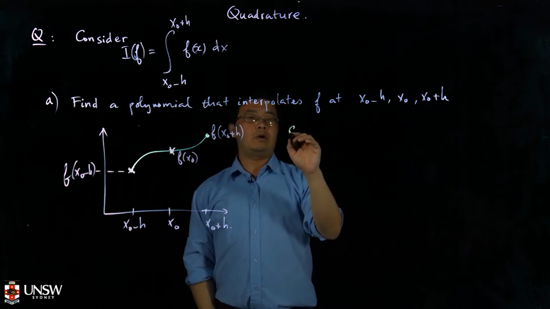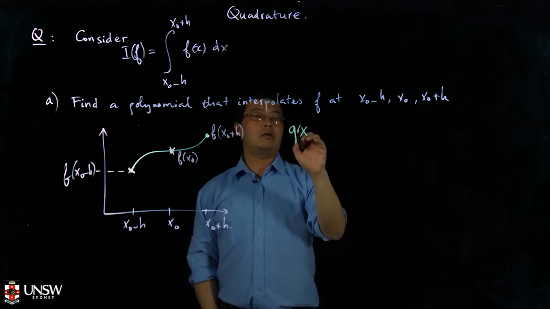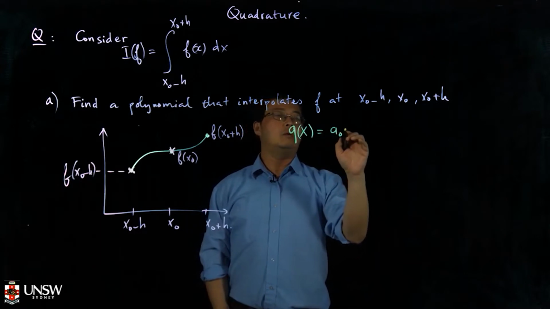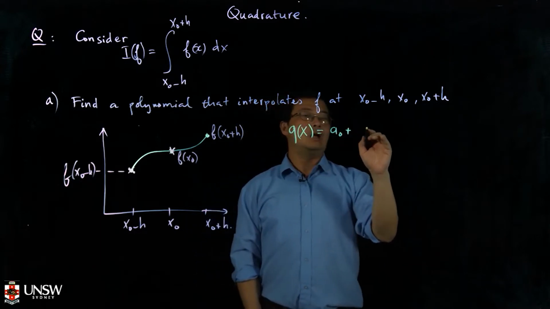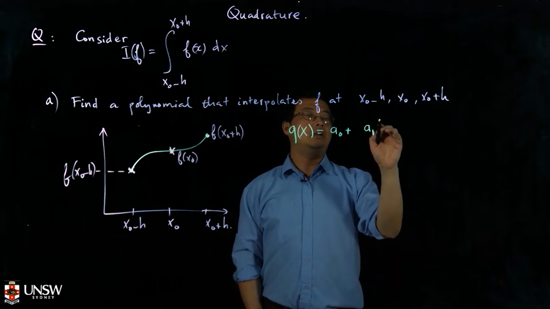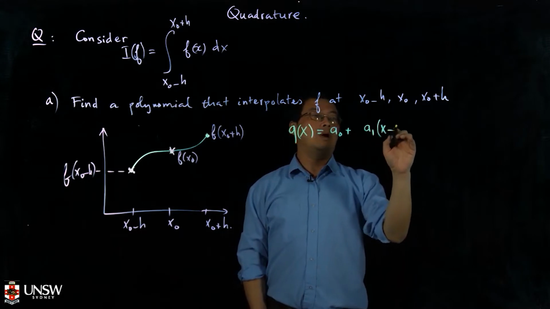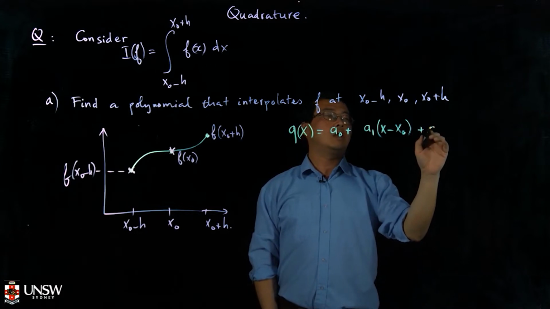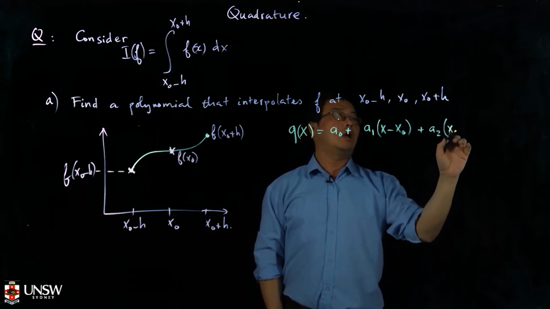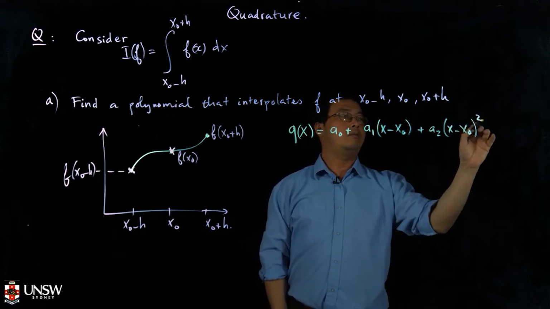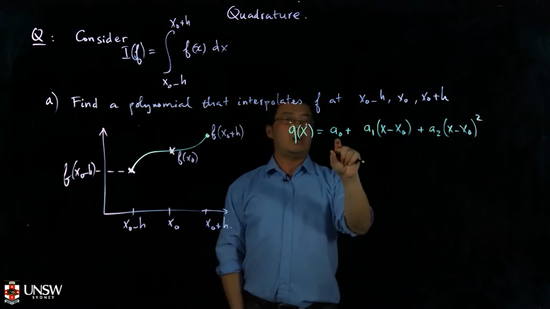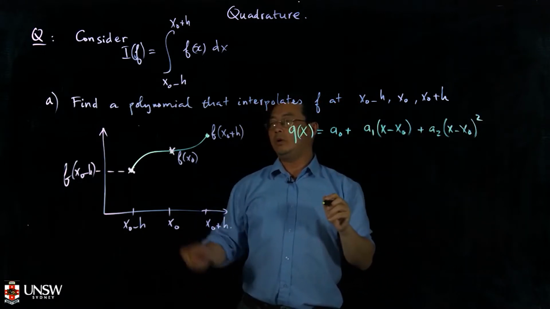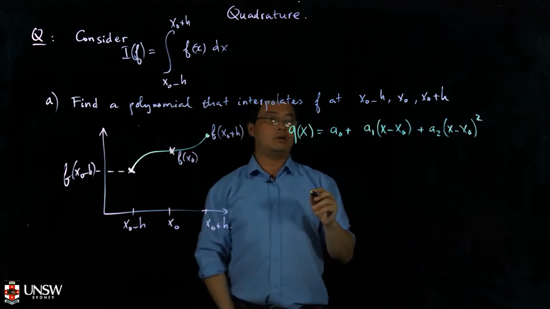So suppose you have a quadratic q(x) equal to a0 plus a1 (x minus x0) plus a2 (x minus x0) squared. Then we try to find a0, a1, a2 by the interpolation condition.